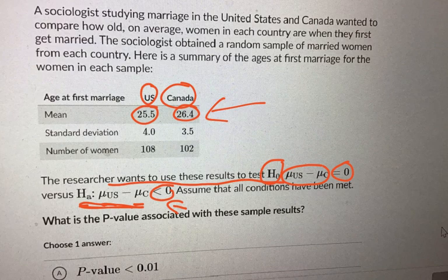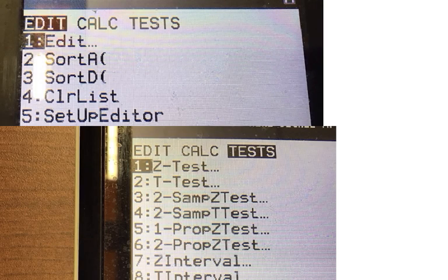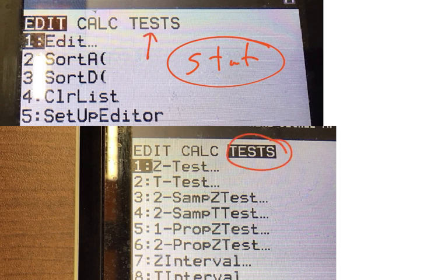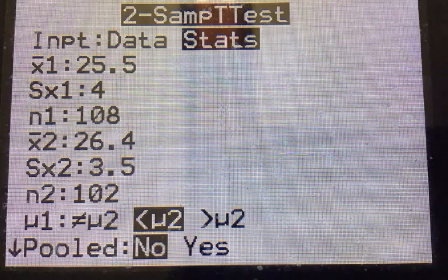So, basically, guys, what you had to do was take your calculator, go to stat, right? It's important you practice with your calculator, of course, by the way. We're going to go over to tests. And because we're comparing two different samples, we're going to do the two-sample t-test, right?